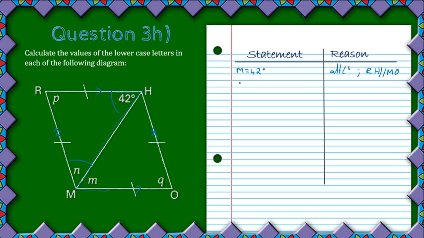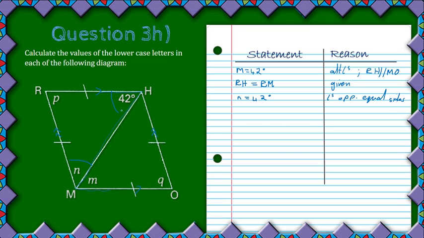And that means that N, okay, let's just first state that RH is equal to RM, that it is given. So therefore, we've got N equal to 42 degrees, and our reason is that it is angles opposite equal sides.